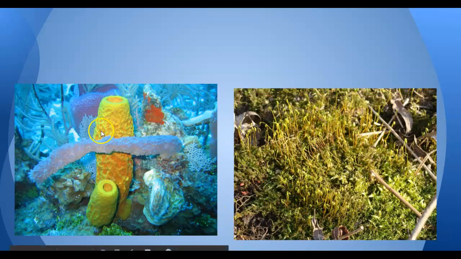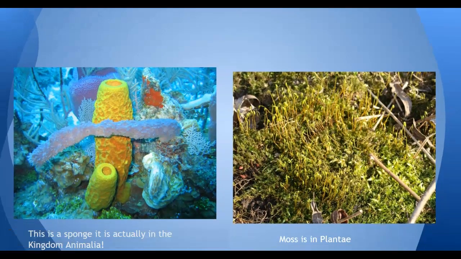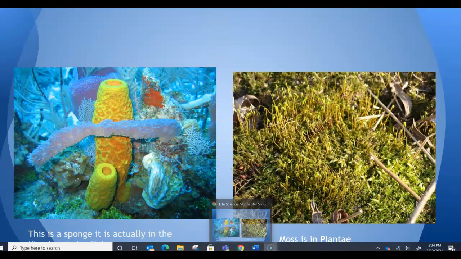All right, for those of you who don't know, this is a sponge, not to be confused with the cartoon SpongeBob. The sponge is actually a living organism, and a sponge fits into the kingdom Animalia. Moss is in the plant kingdom.